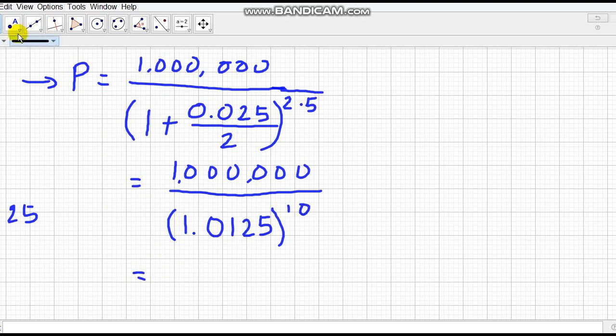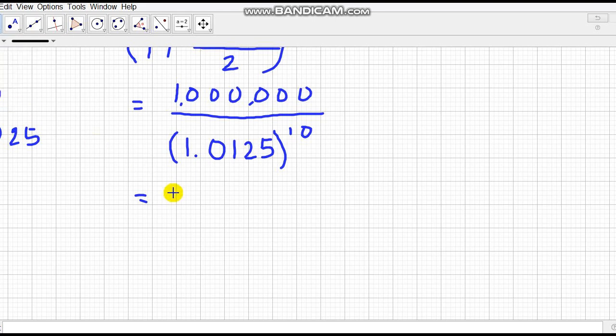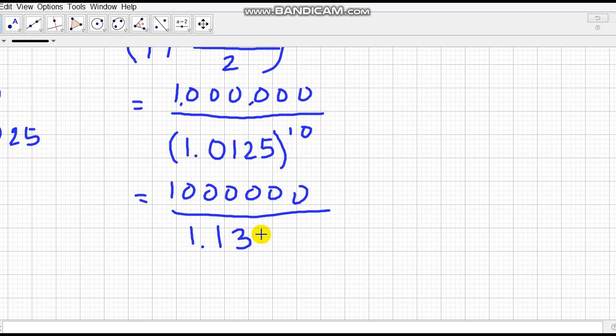Let's compute for that. So 1 million over, let's compute 1.0125 raised to 10. The value is 1.1323.